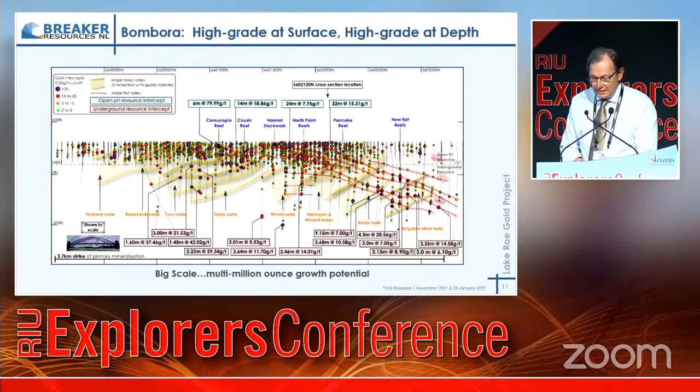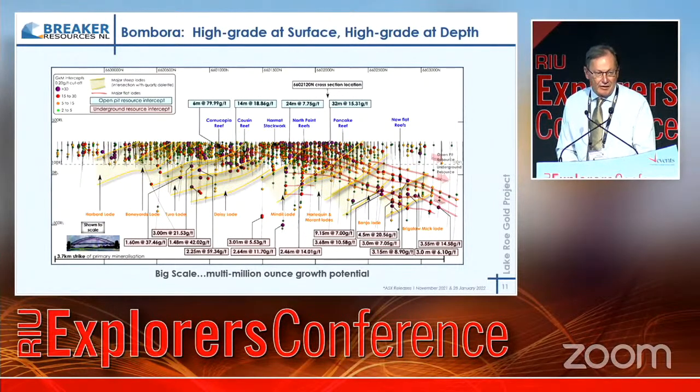This is a look side on at the main Bomboro deposit. You're looking at 4 kilometres. The Sydney Harbour Bridge there is about 500 metres long. The flat south plunging structures are your flat lodes. The north plunging structures, and the steep lodes, you've got about 10 of them, one on top of the other.